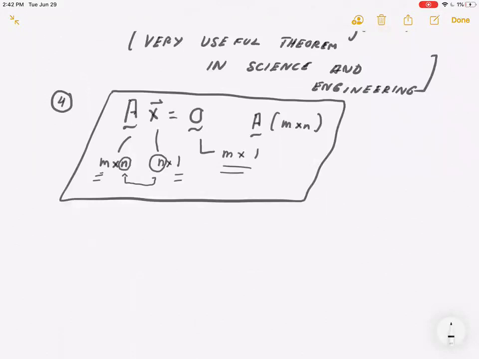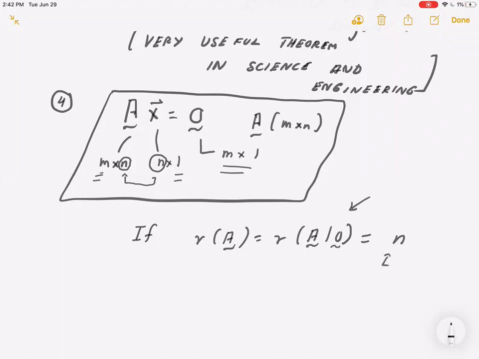So what can you do for this particular scenario? Well, we know this. We've seen this creature before. We have used the idea of the rank of a matrix to, in fact, determine what's going on. If you calculate the rank of the matrix A and then calculate the rank of the augmented matrix, still an augmented matrix, it's just that the right-hand side is the 0 matrix.